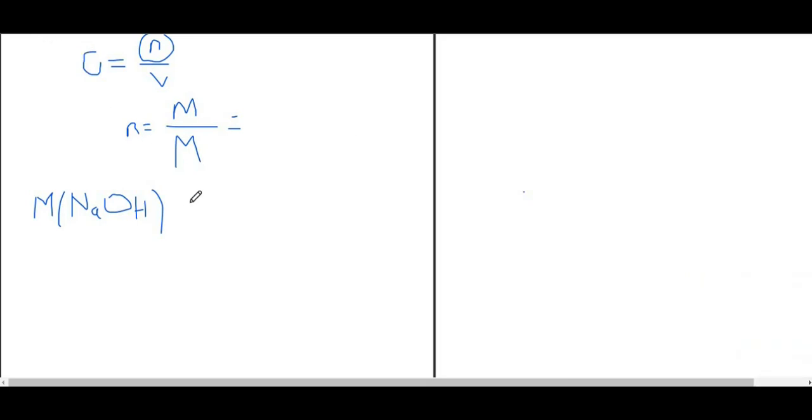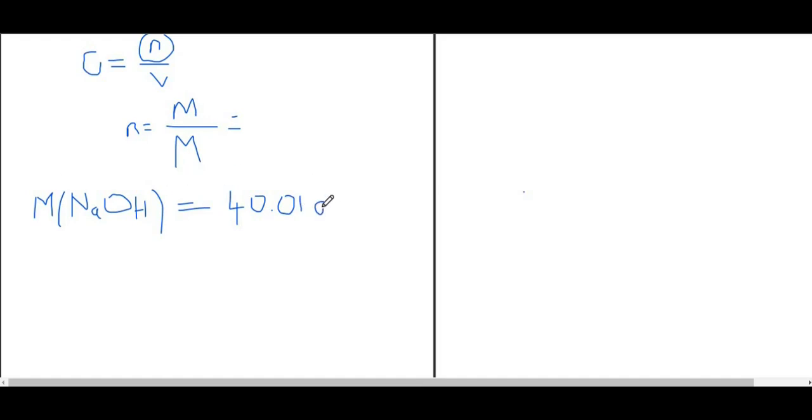The molar mass of sodium hydroxide, I found it to be 40.01. And how do you get to this value? You'll simply look in your periodic table.